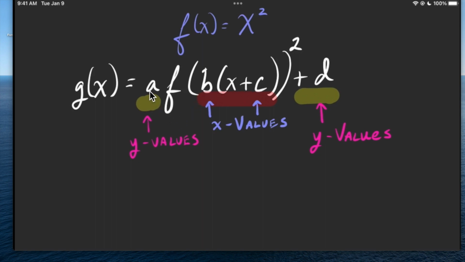If you see something here out in front, outside of the parentheses, that's going to affect the y value. If you see something at the end, again, outside of the parentheses, that's going to affect the y values. The action having to do with the x values are inside the parentheses.